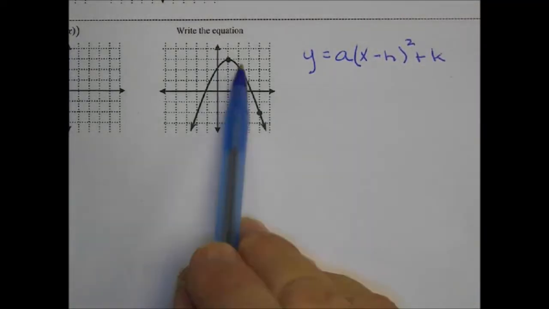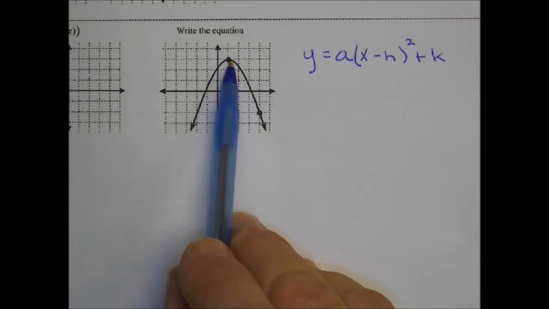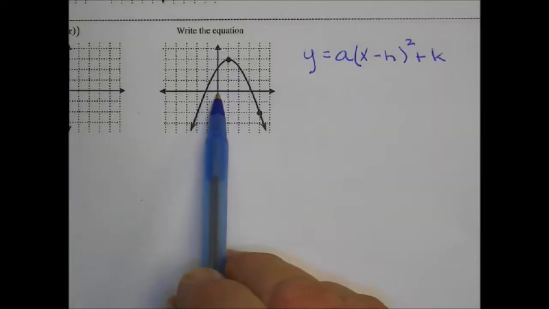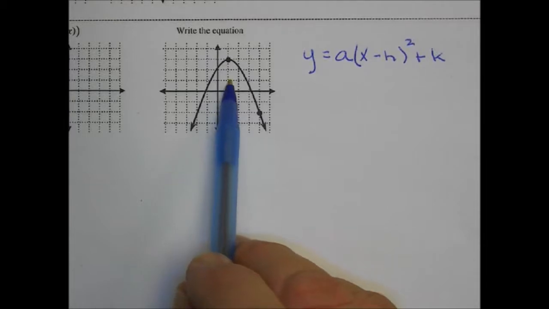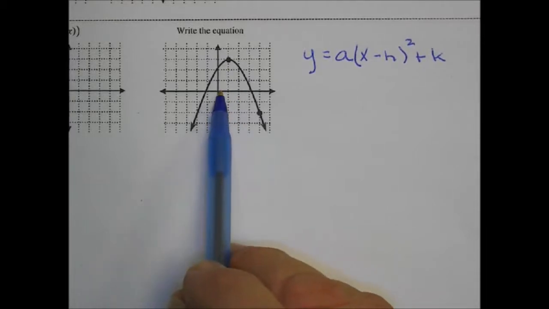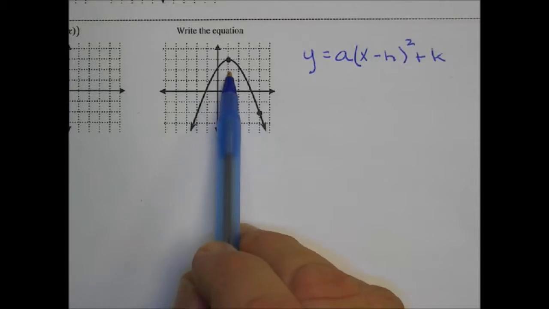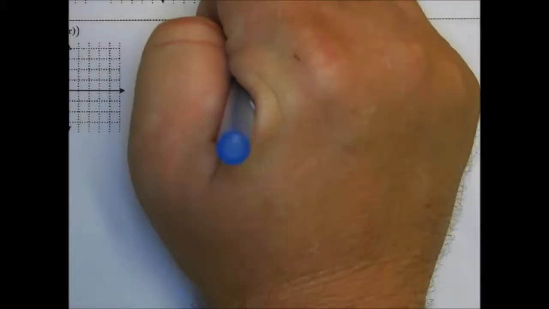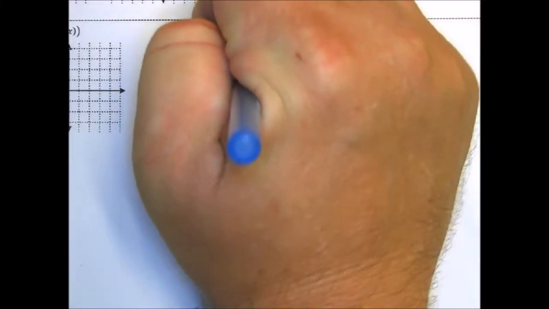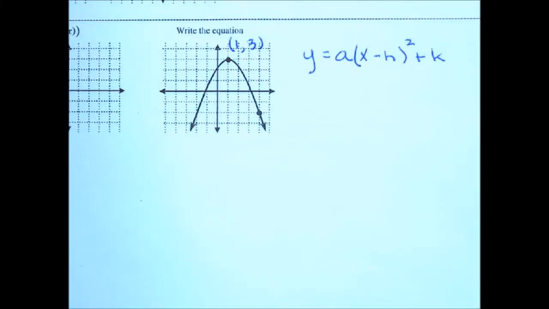Now, the vertex is the first important point we need to look at. The location of the vertex is x equals 1, and then 1, 2, 3. So 1, 3. The location of the vertex is at 1, 3.